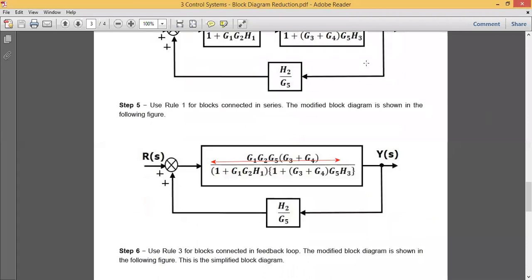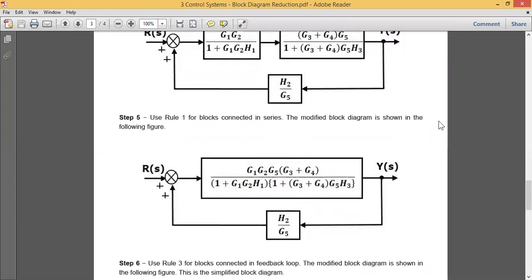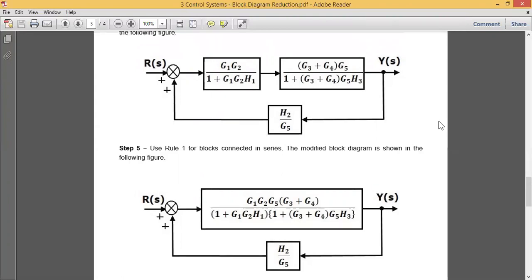Okay, multiplication. दोनों blocks को multiply करने के बाद क्या आएगा? How to multiply? G1, G2, G5. I have kept it here. G1, G2 and G5 I have kept here. Then what about next? G3 plus G4 is as it is. No change in G3 plus G4.